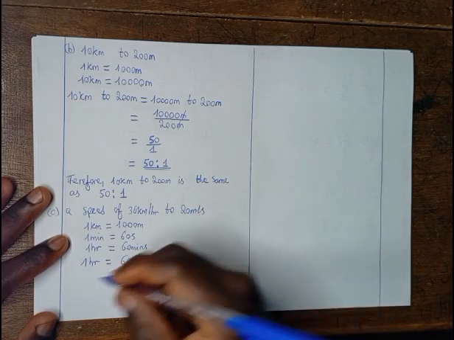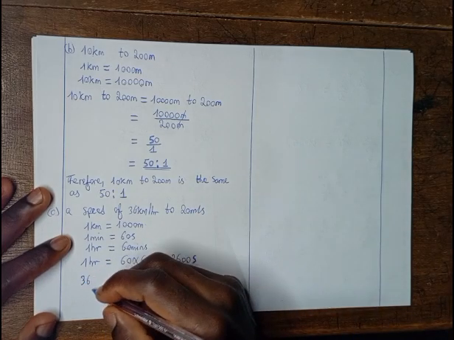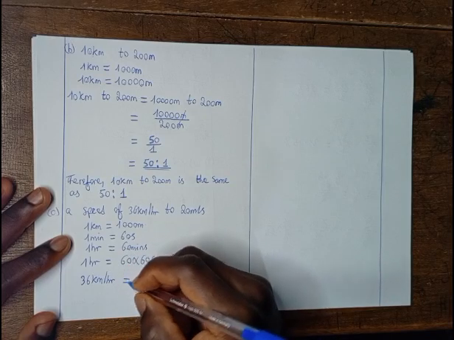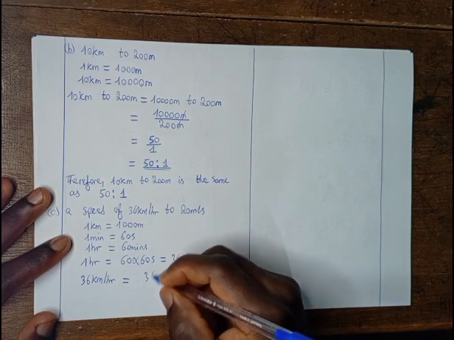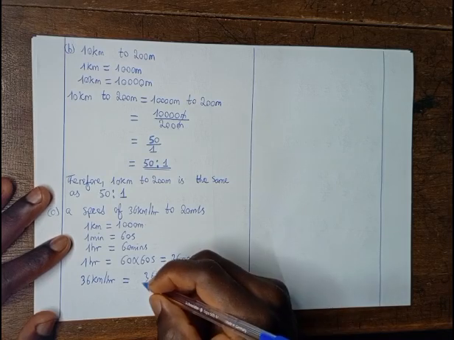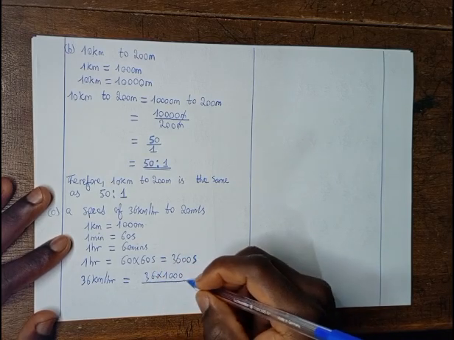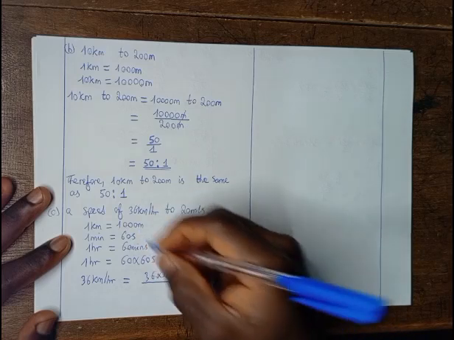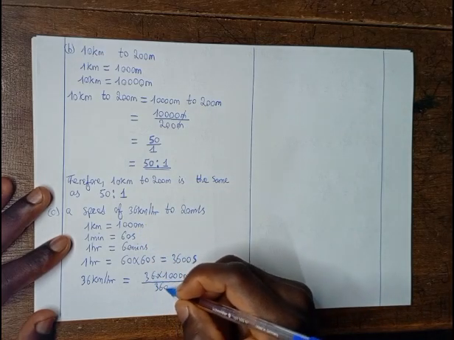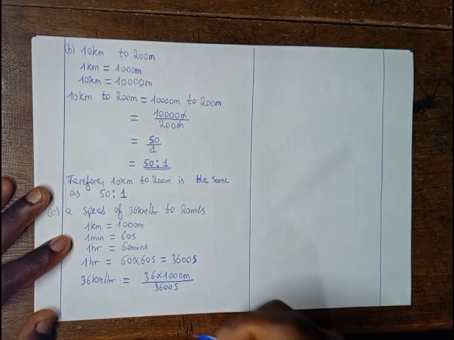Next, 36 kilometers per hour will simply be the same as 36 times 1000 meters divided by 3600 seconds.